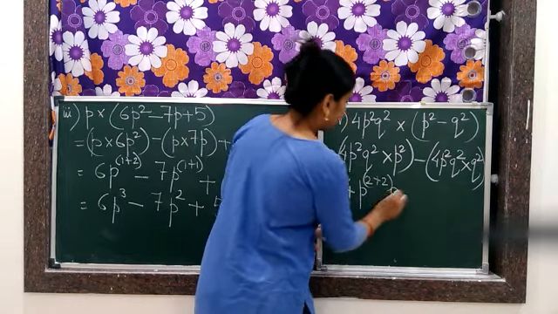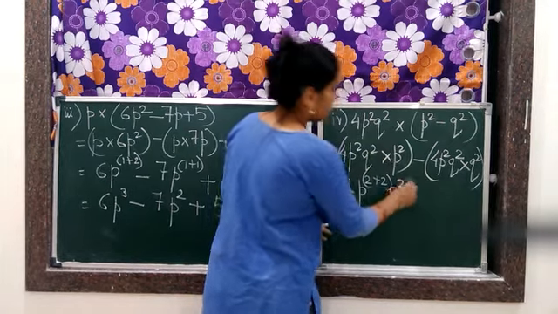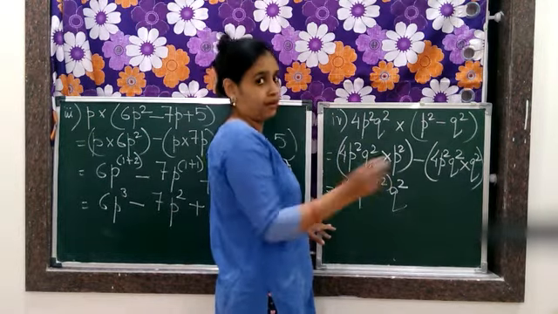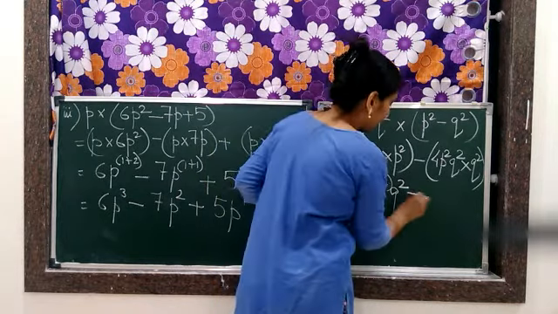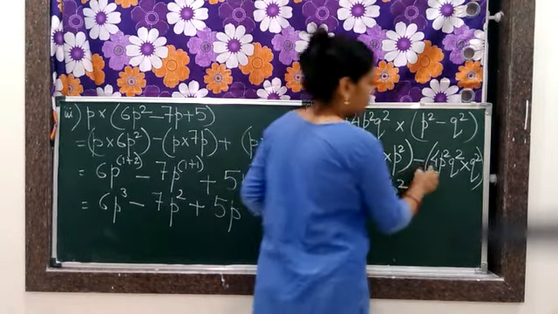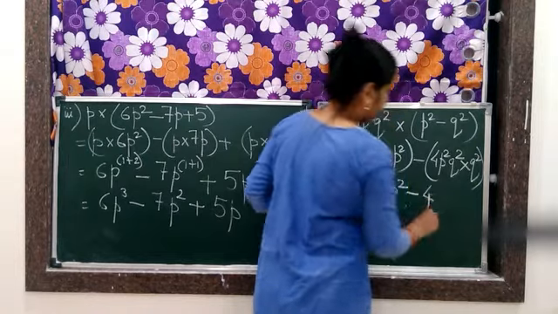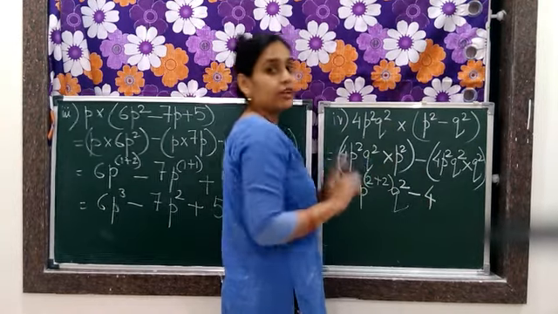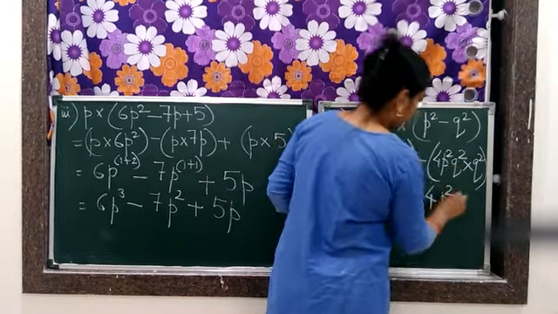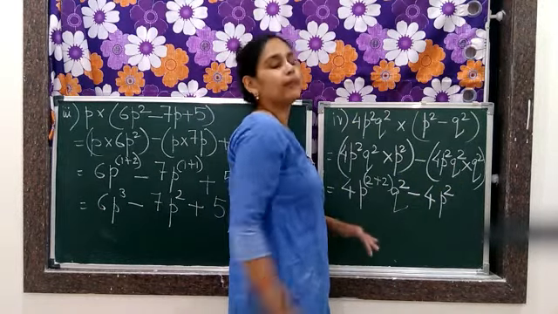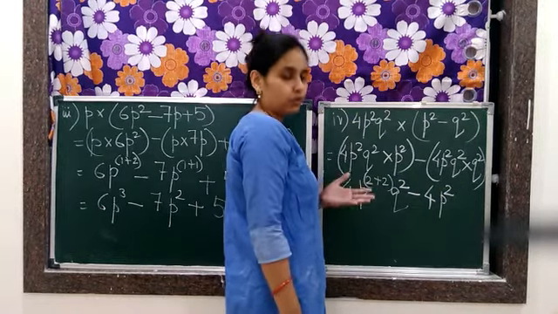Then q square: the powers of q will not be added. Why? Because q is not common. Going to the next bracket, minus 4 ones are 4. Powers of p will not be added. Why? Because p is not common. Powers of q will be added. Why? Because q is common.